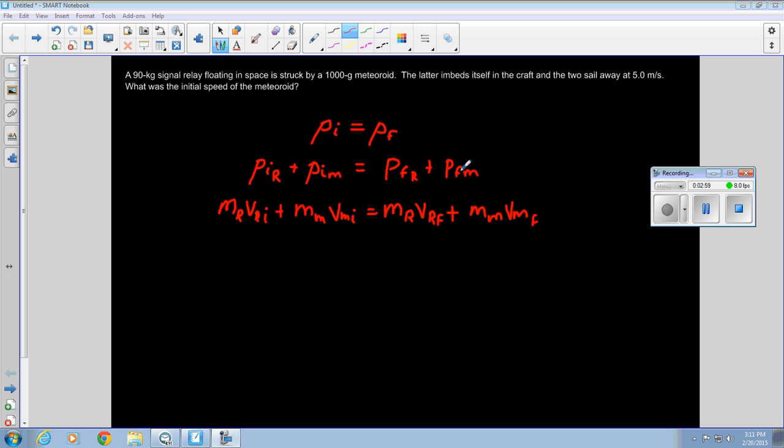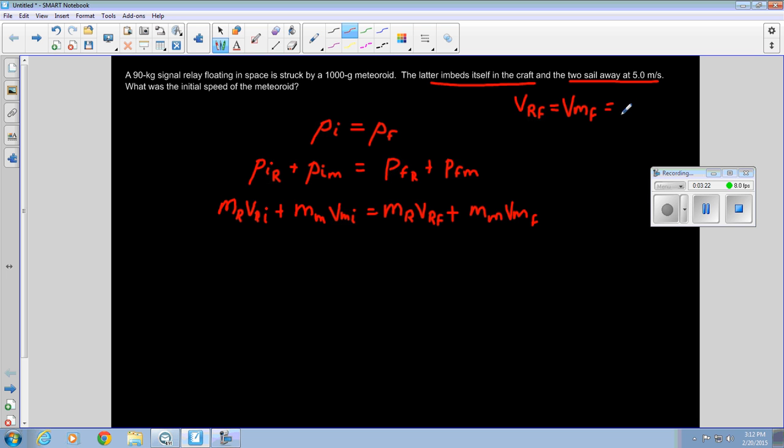And this momentum expands to mass of the meteoroid times velocity of the meteoroid final. Now, because the meteoroid is embedded into the craft, and the two sail away at this speed, they're together, so their velocities are equal. So these two final velocities are equal to each other.